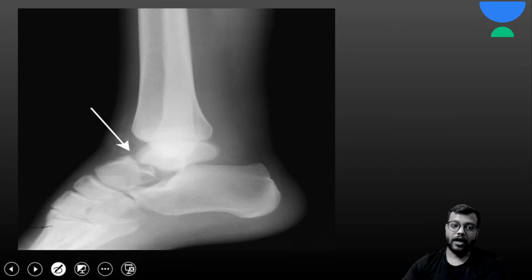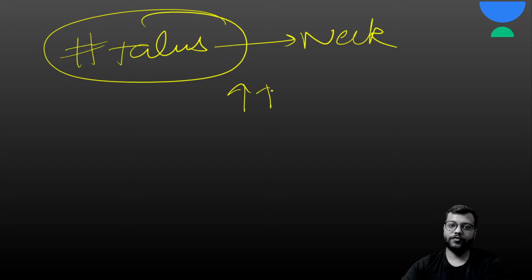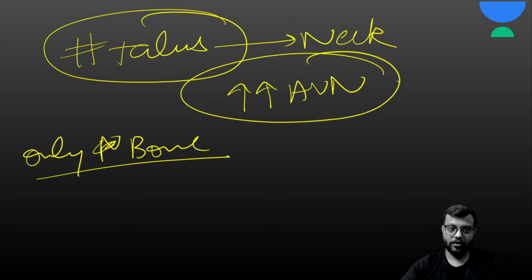Okay, now this is your fracture of the talus, and most commonly it occurs in the neck, and it has high chances of avascular necrosis due to its precarious blood supply, and it is the only bone in the foot or the lower limb which has no muscle attachment.